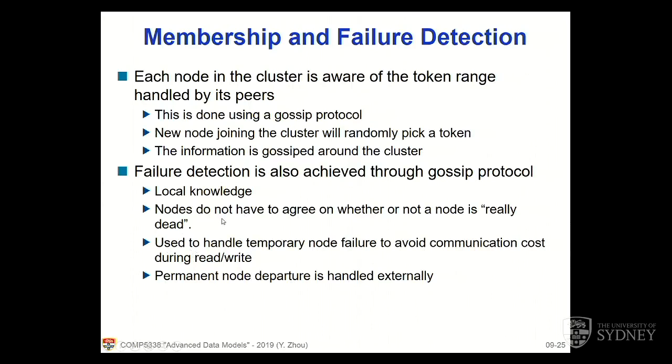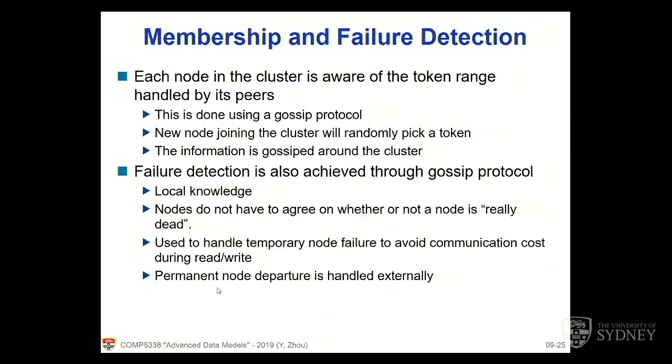So the permanent node departure basically needs to be handled outside by an administrator. Node joining or leaving needs to be handled by an administrator. When you pick a token, it's more like we have to start a process in the cluster, and some administrator needs to do that.